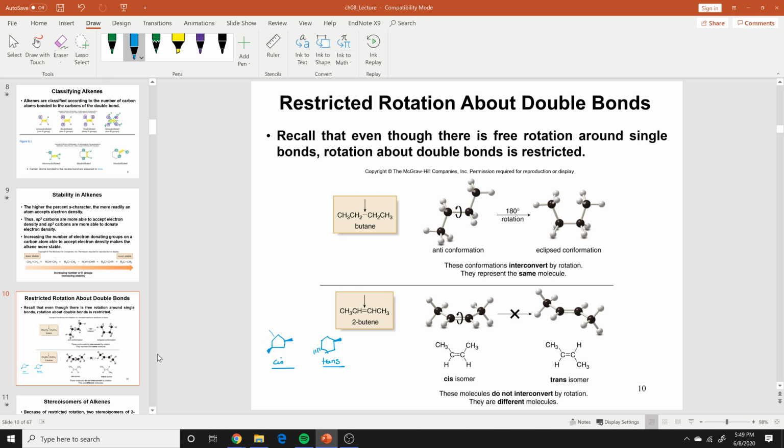Here in this case, let me erase this one, by drawing a plane of symmetry that passes through this carbon over here, I can easily get mirror images throughout this plane of symmetry, so I would know that the cis exists as a meso compound. There is basically no chirality in there.